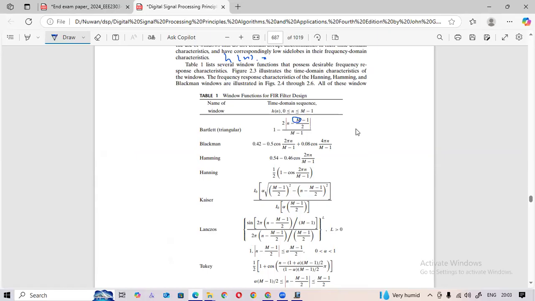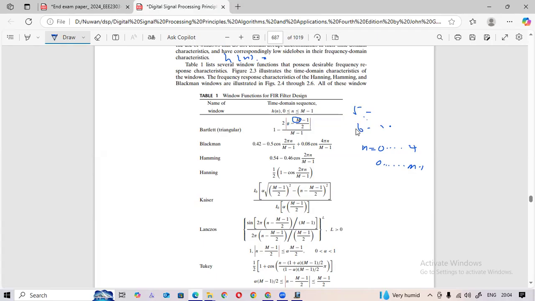So you will be given a 5-tap filter, 6-tap filter like this. So if it is 5-tap, n is from 0 to 4, that means 0 to M minus 1. So you have to use this 0 to 4 to calculate the window value.